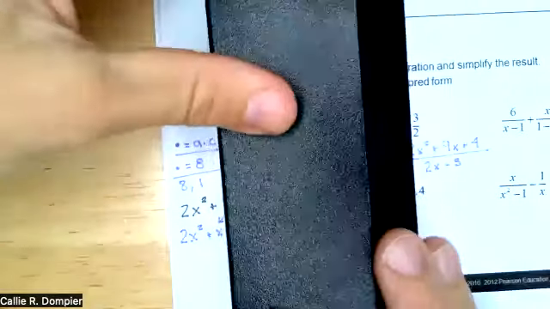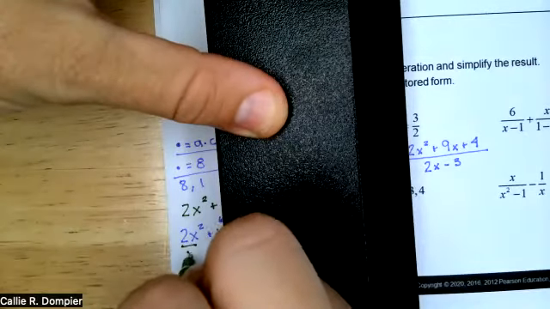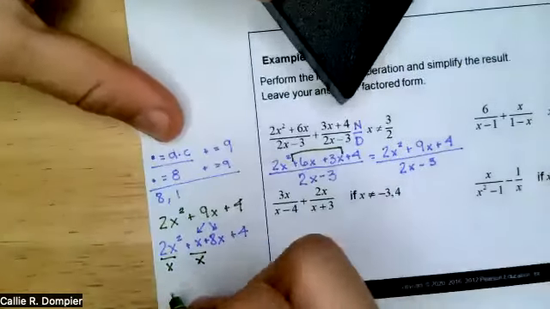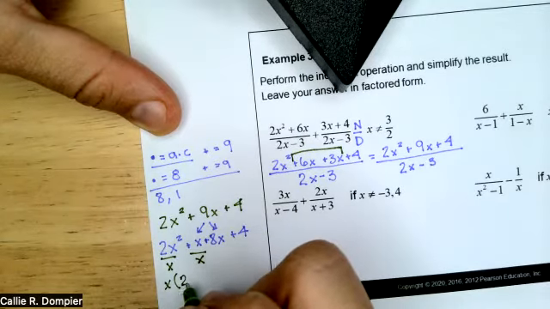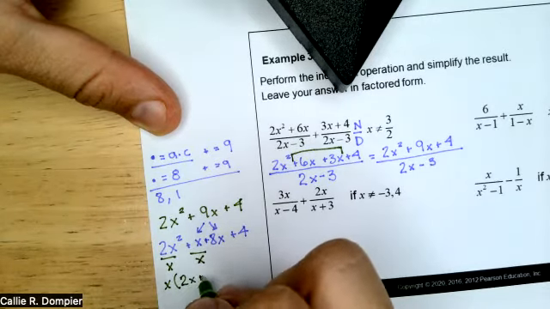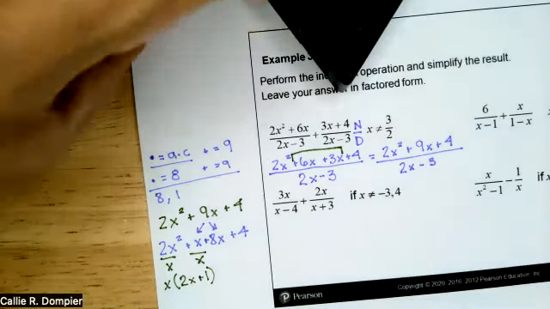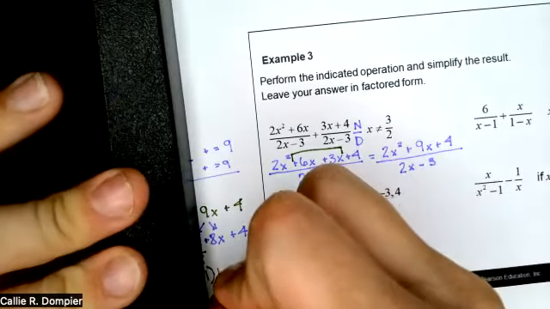So my first group is 2x squared and x. Divide them both by x. 2x squared divided by x is just 2x. X divided by x is a 1. The other side, positive 8x plus 4, so it has to be a positive.